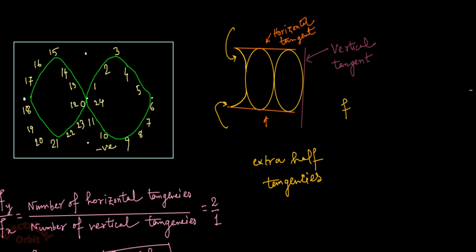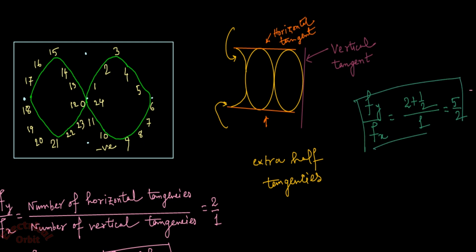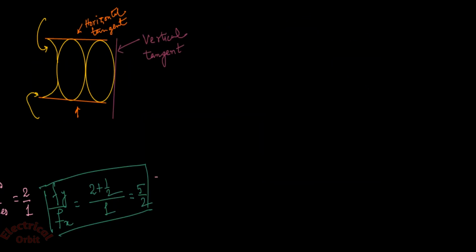Now the value of fy by fx will be: the number of horizontal tangencies has become 2 plus half, and the number of vertical tangencies remains the same, that is 1. Now it will become fy by fx equal to 5 by 2. Clear?